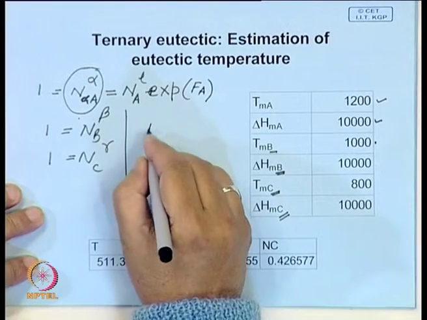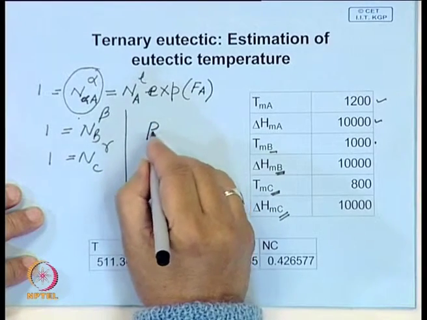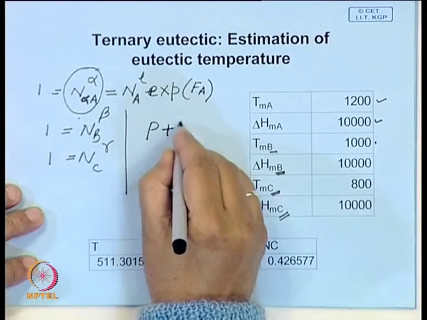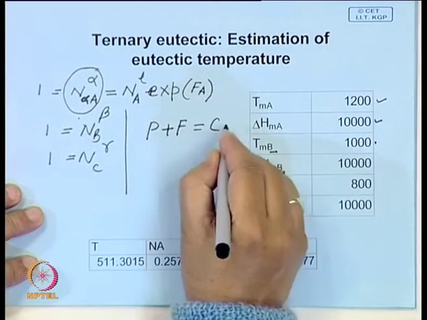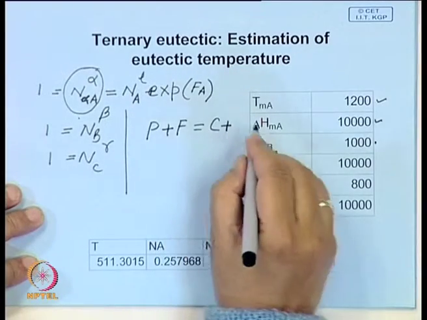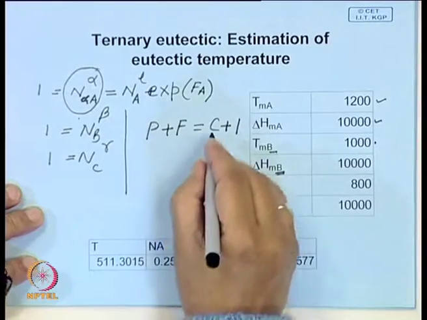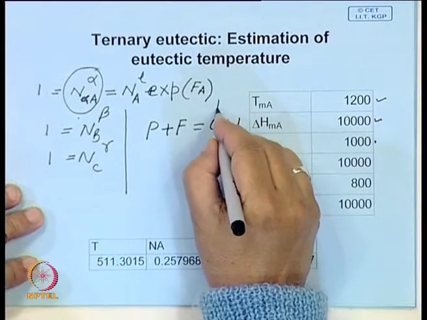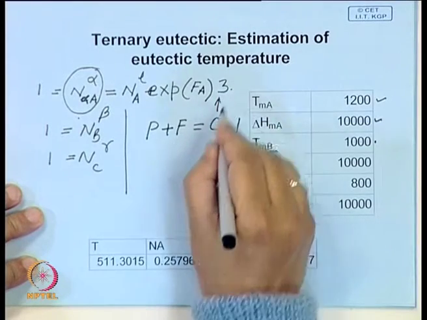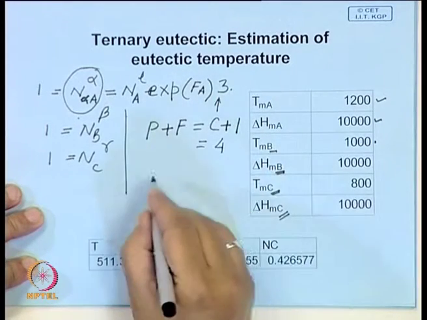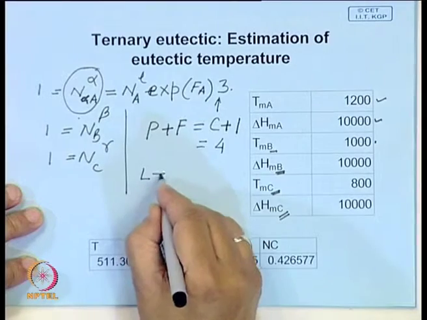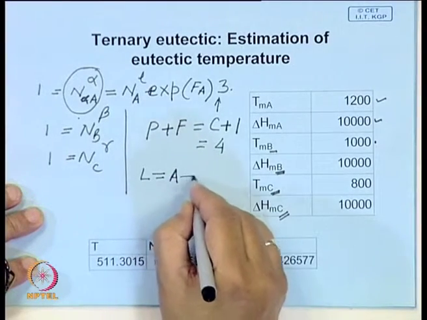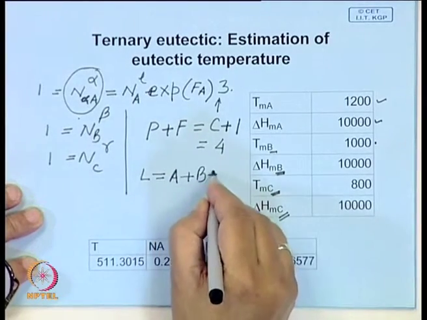If you apply the phase rule, we have seen that P plus F equals C plus 1. So, here the number of components is 3, so this is equal to 4, and here liquid breaks down into a mixture of 3 solids.